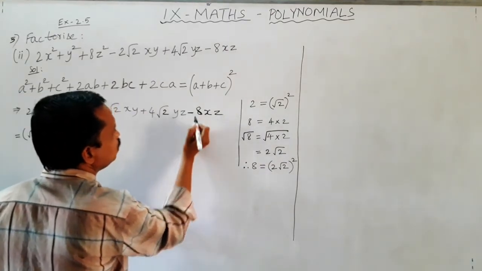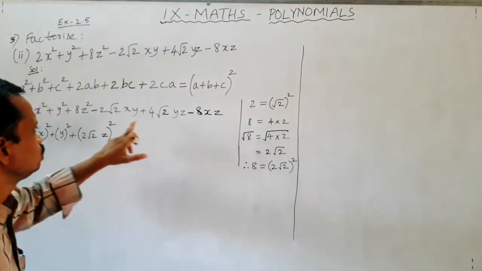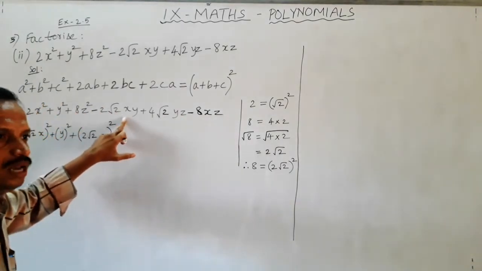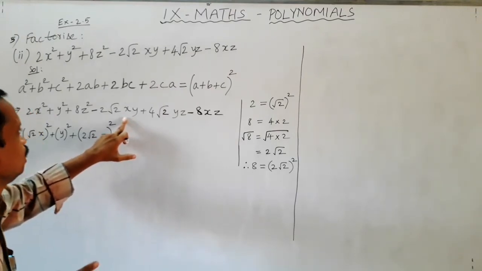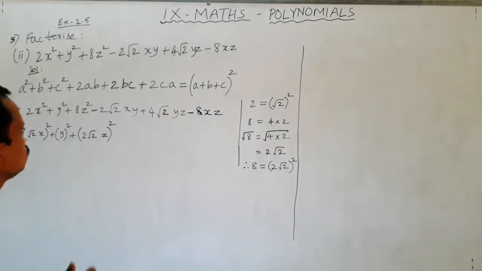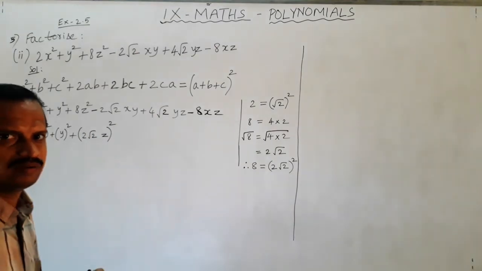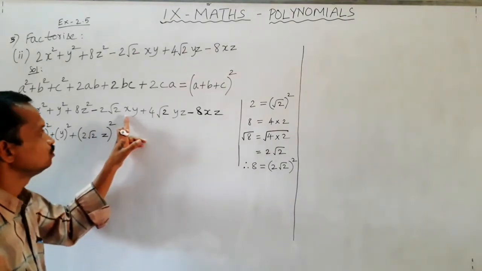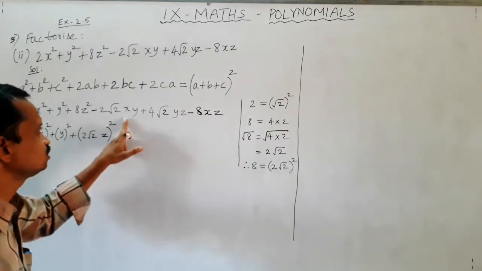So we have to focus here. Xy term, xz term. So which is the repeating variable, x? You see, listen carefully. Xy term, xz term only having minus. So in this xy and xz, which is repeating variable? X, here also x, but y, z is different, but x.